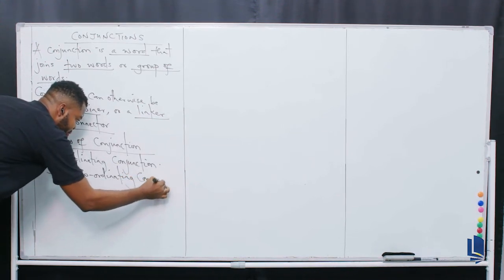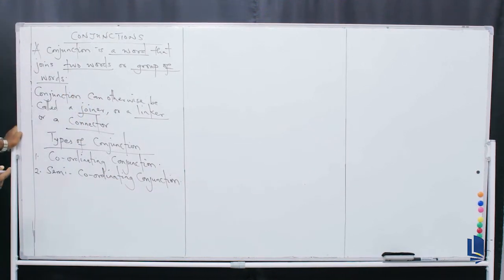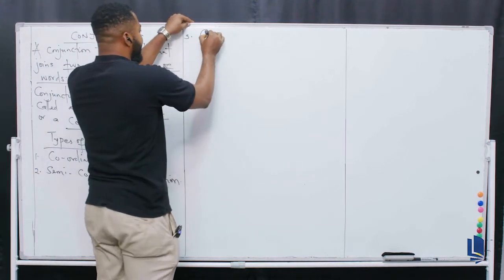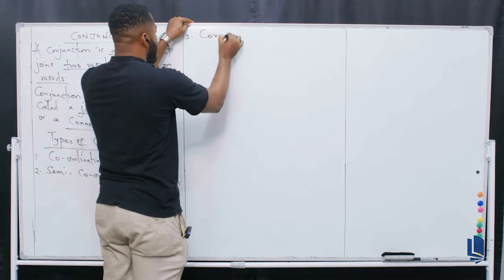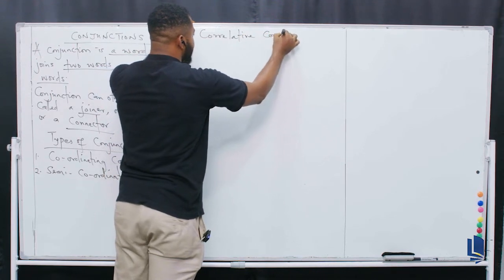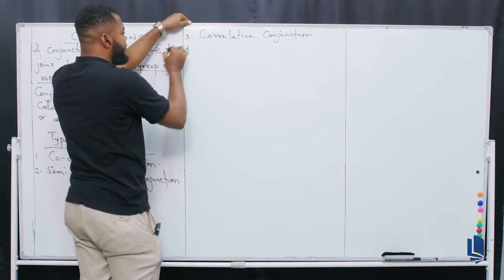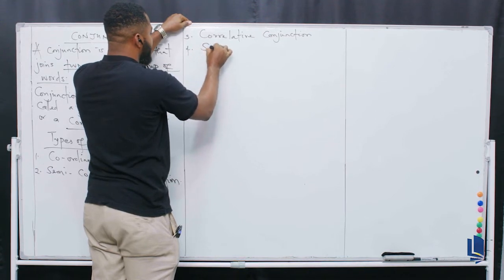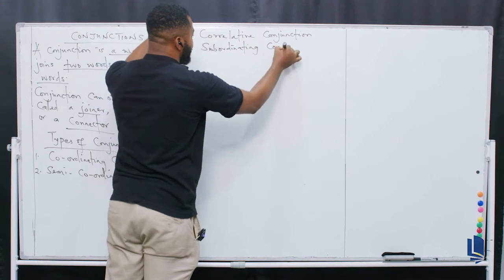The third one, number 3, is correlative conjunction, C-O-R-R-E-L-A-T-I-V-E. And then the fourth one, number 4, is subordinating conjunction.